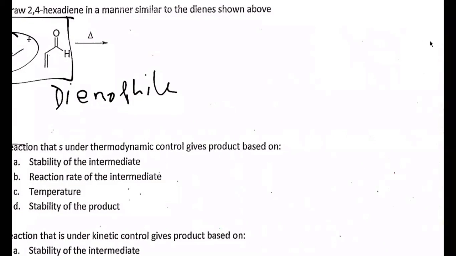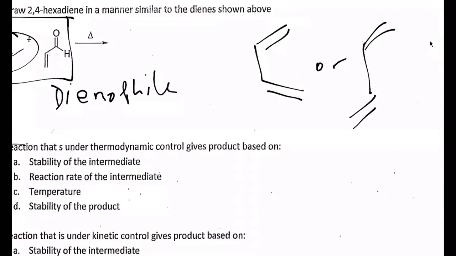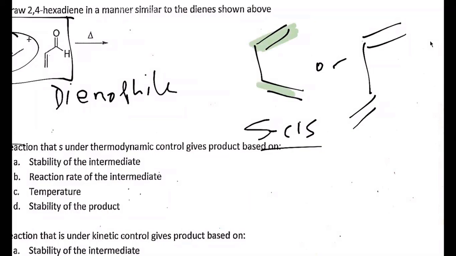So I can write my diene two different ways. I can write it like this, or I can write it like that. Right. This is what we call cis. And what all that means is that both alkenes are on the same side of that sigma bond that's shown right here, right?